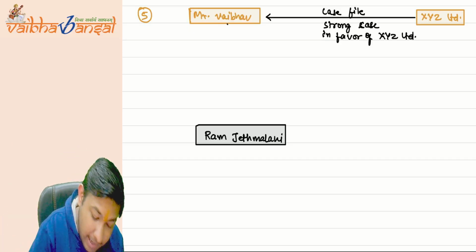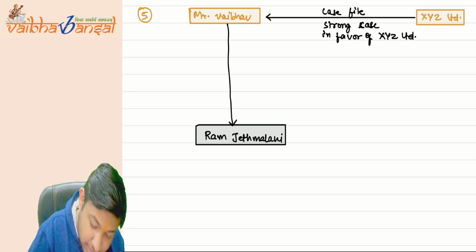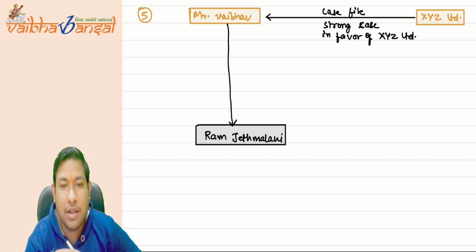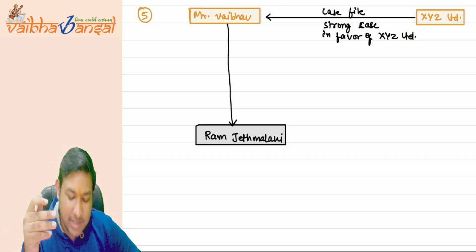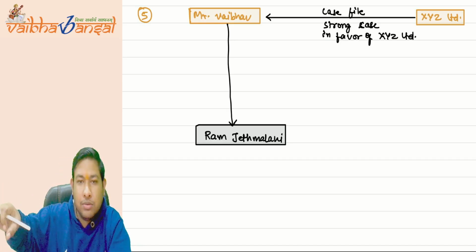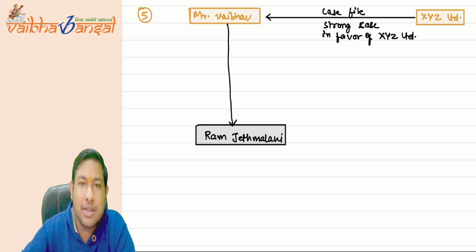Mr. Weber approached Mr. Ram Jethmalani. I went to his office and his peon said sir cannot meet you. The peon threw me out of his office and said sir can't meet people like you.